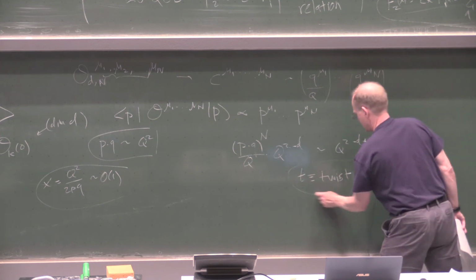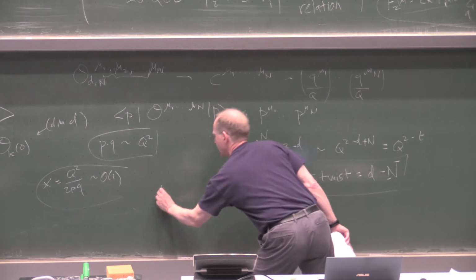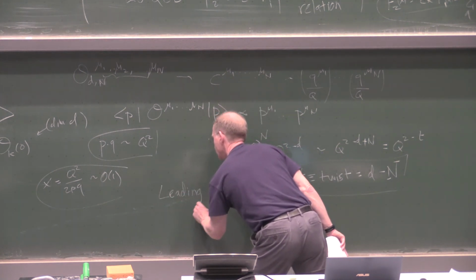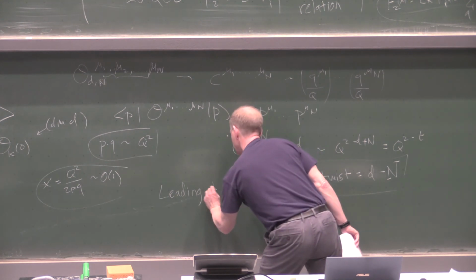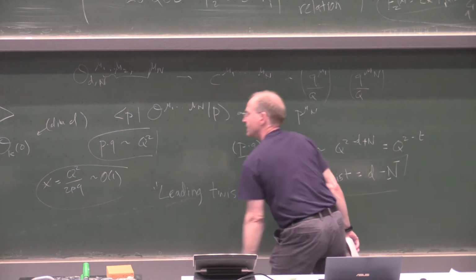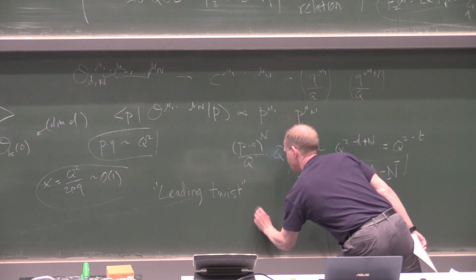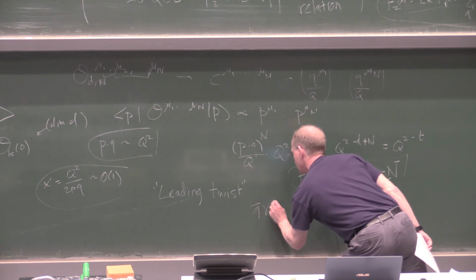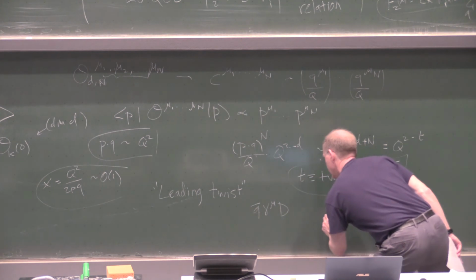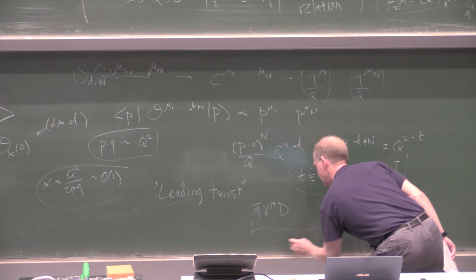which is the dimension d minus the spin n. So the most important operators in deep inelastic scattering, which correspond to only hitting one quark at a time, are called leading twist. And for quarks, they include Q bar, with some gamma matrix. And if I just put a quark here, this would be d equals 3.